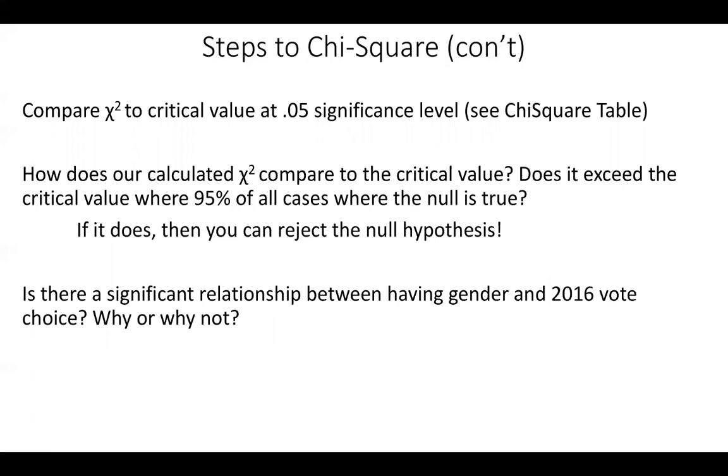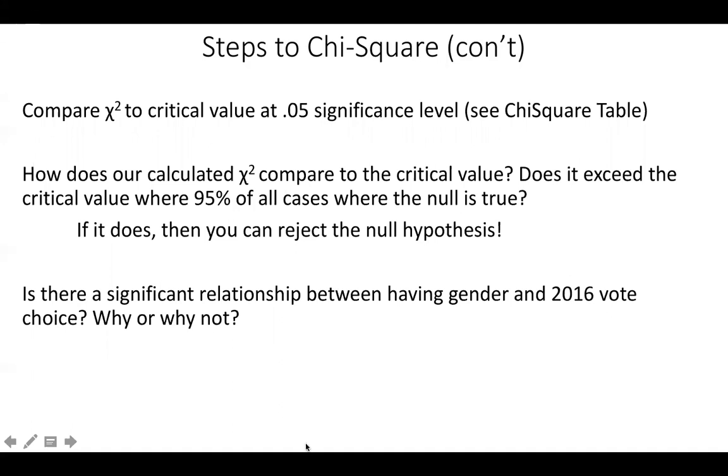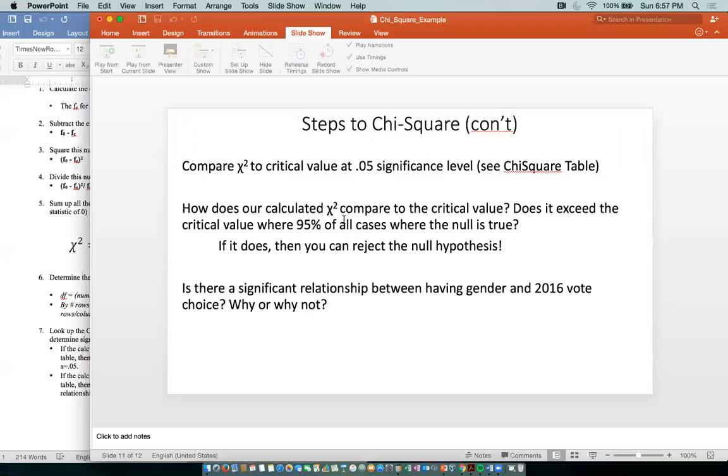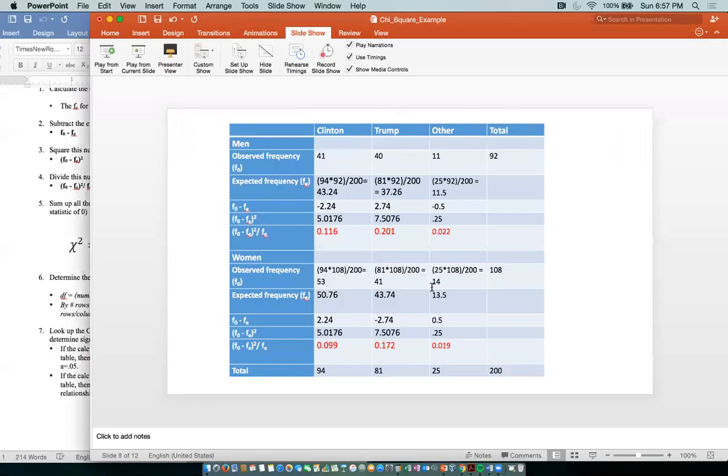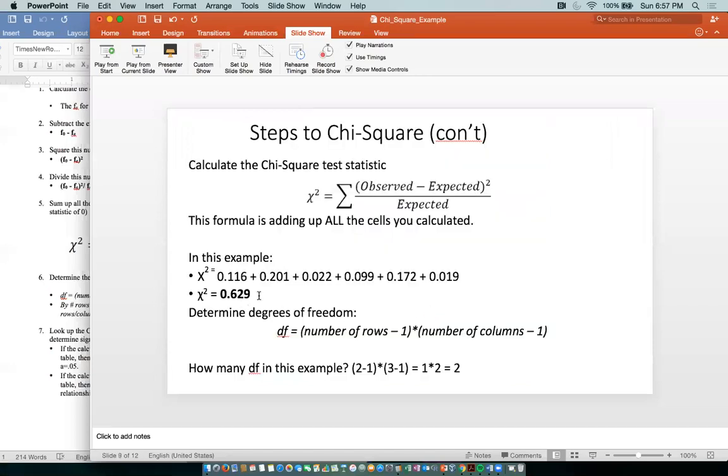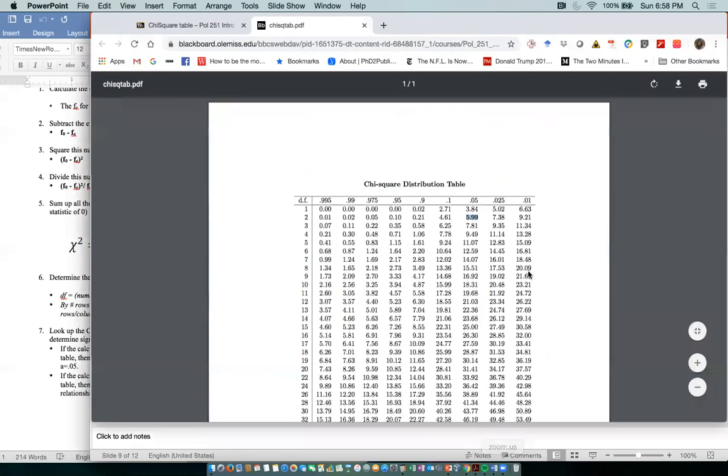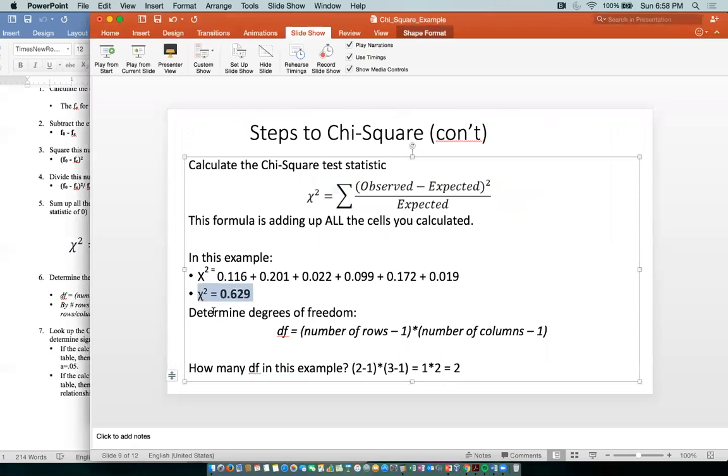So let's go back to the initial question. Is there a significant relationship between gender and 2016 vote choice? Why or why not? Well, let's see here. Let's look at a couple things. So we had our calculated chi-square of 0.629.